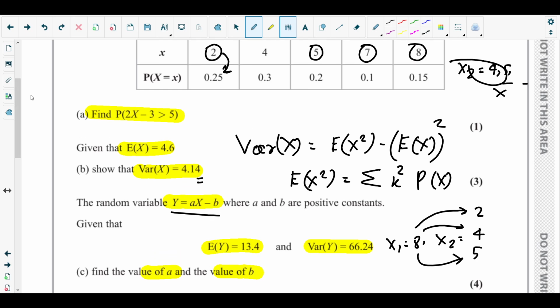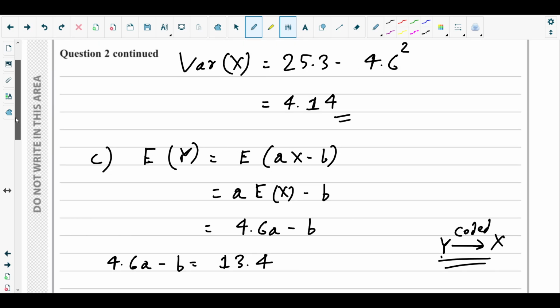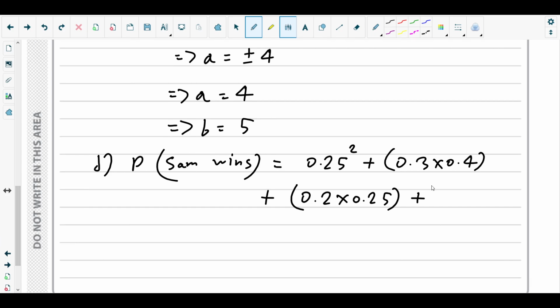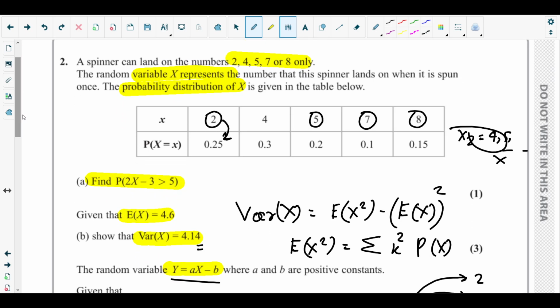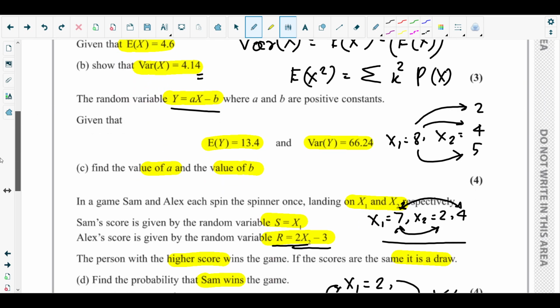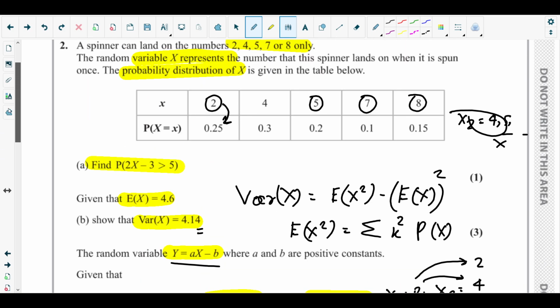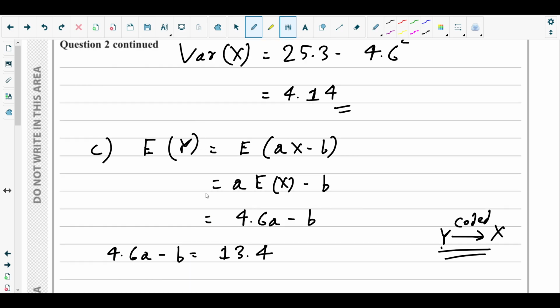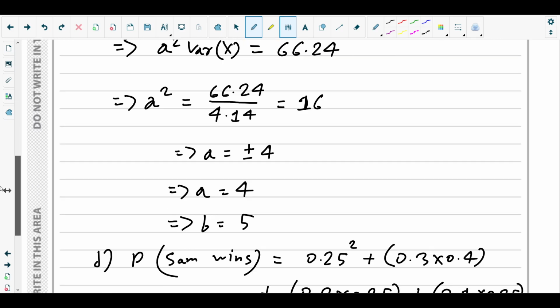So 7 is 0.1, so 0.1 times 0.25 for 7, 2, and then again 7, 4, which is 0.1 times 0.3.